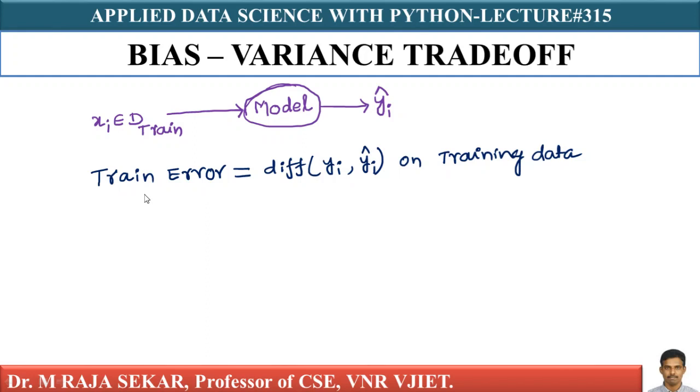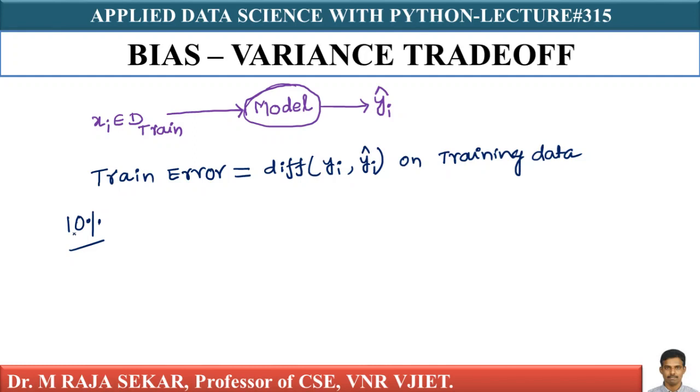Let's say my train error is the difference between yi and yi cap on training data. Let's say yi and yi cap are not agreeing for 10% of my points. So my train error is 10%, isn't it?